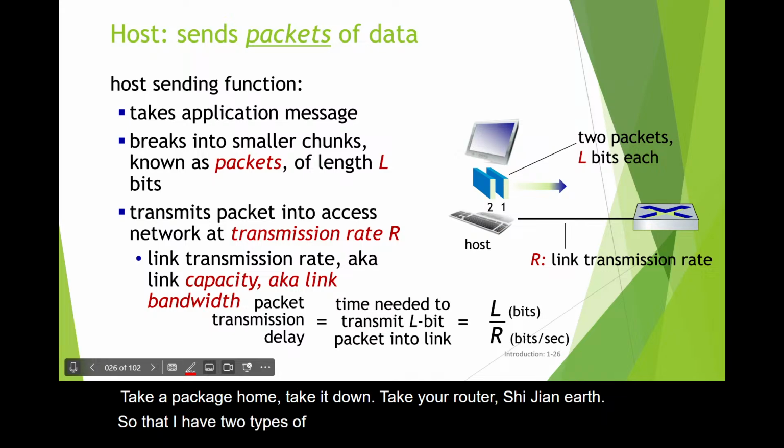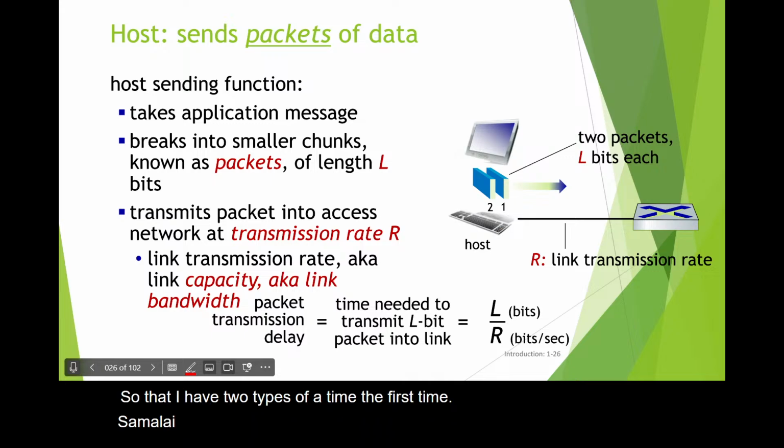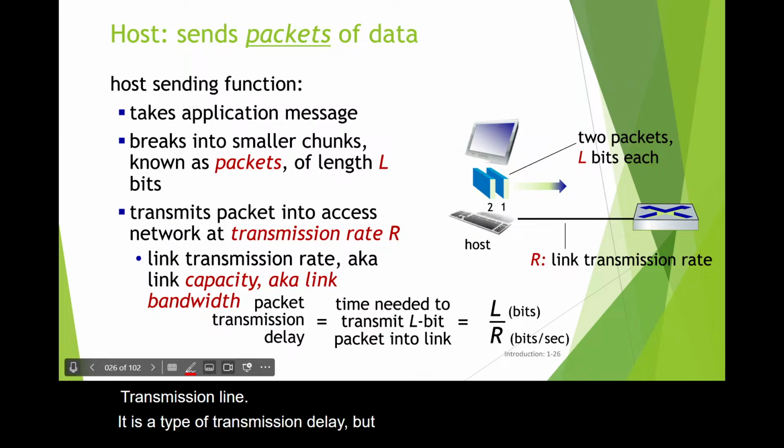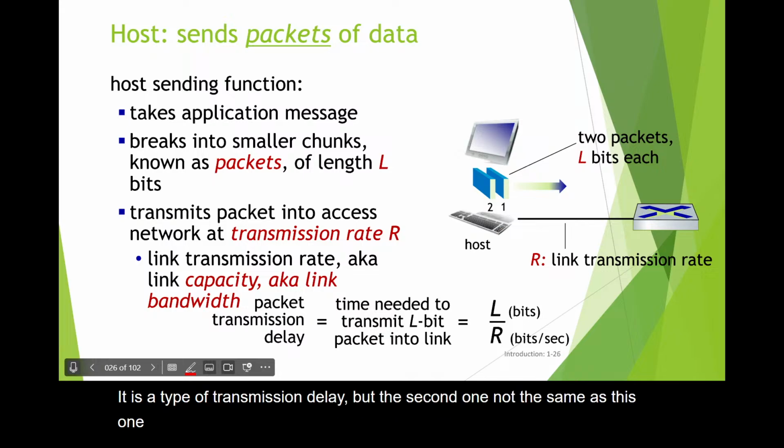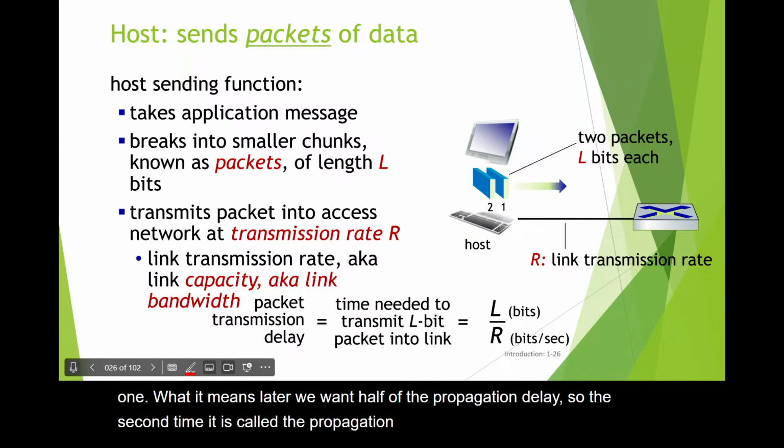The first is moving the packet from the host to the transmission line. It is a type of transmission delay. But the second one is not the same as this one. The second time is called the propagation delay.